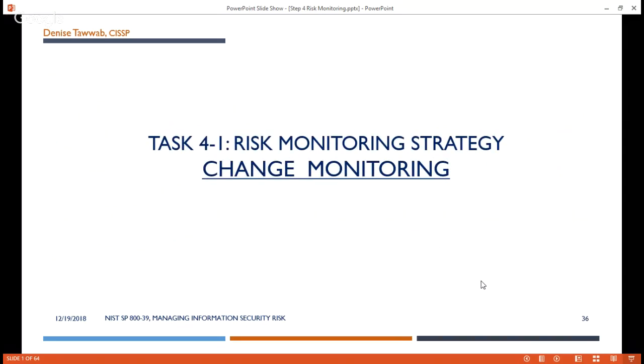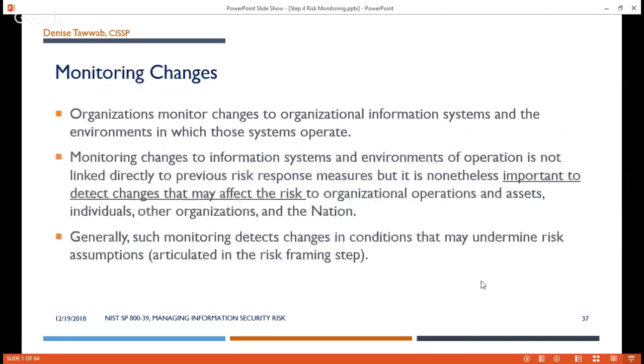And finally, let's look at change monitoring. So we've looked at compliance monitoring, effectiveness monitoring. Let's look at change monitoring. Organizations monitor changes to their information systems and the environments in which those systems operate.